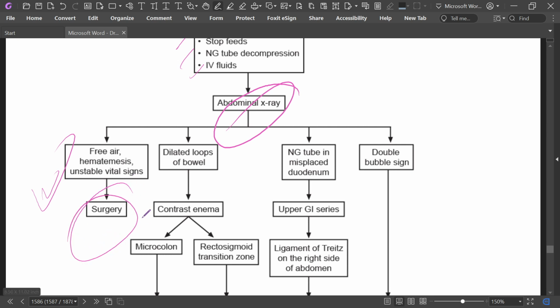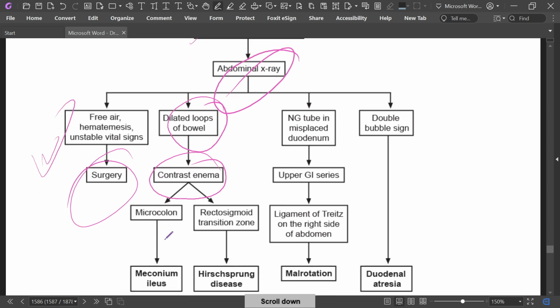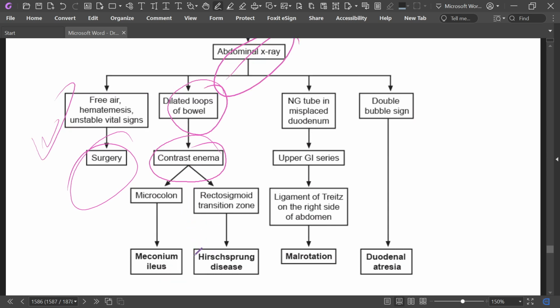If there are dilated loops of bowel, there may be increased rectal tone or normal rectal tone. If there is a transition, then do a contrast enema. If there is microcolon, think meconium ileus. If there is a rectosigmoid transition zone, Hirschsprung disease should be considered.